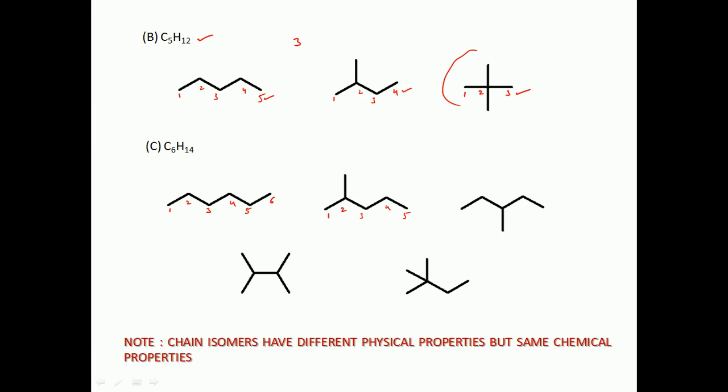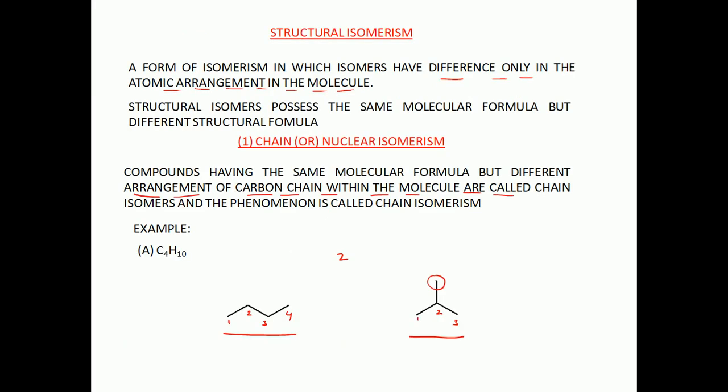As the number of carbon atoms in the parent chain increases, the number of chain isomers also increases. Now let us consider with respect to the boiling point. If you are comparing the boiling point of n-butane and isobutane, boiling point is directly proportional to the surface area. As the surface area of the molecule increases, boiling point of those molecules also increases.